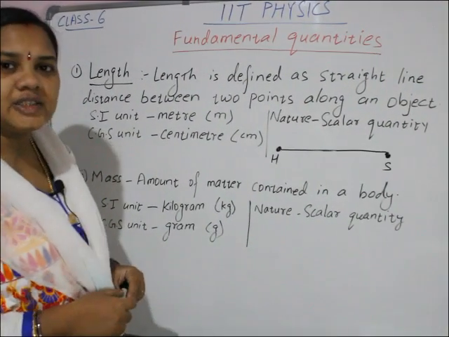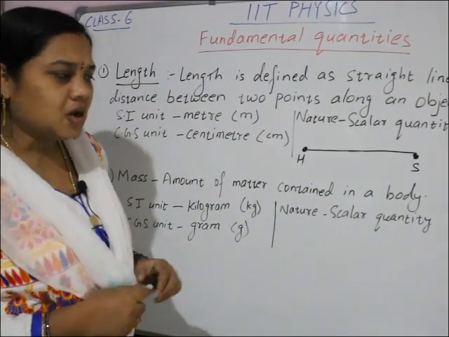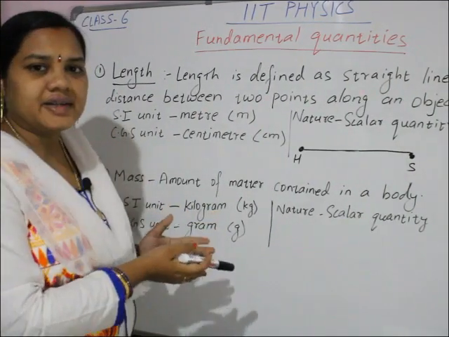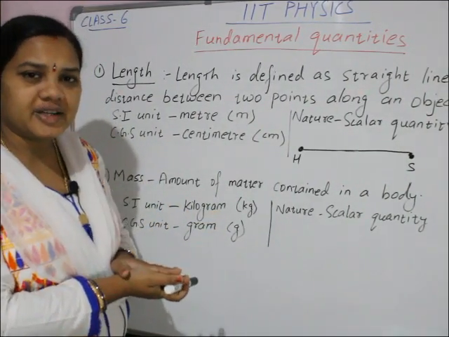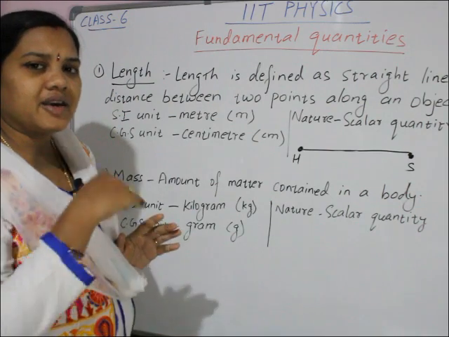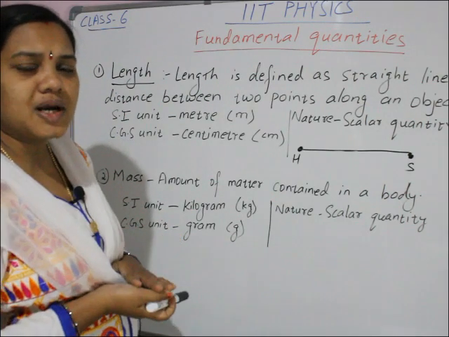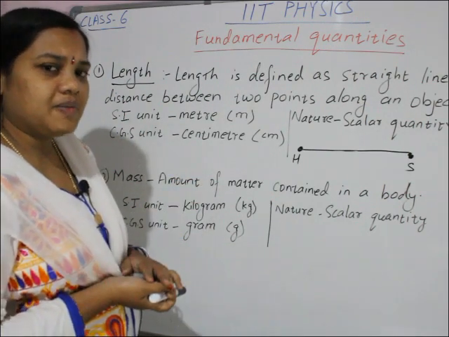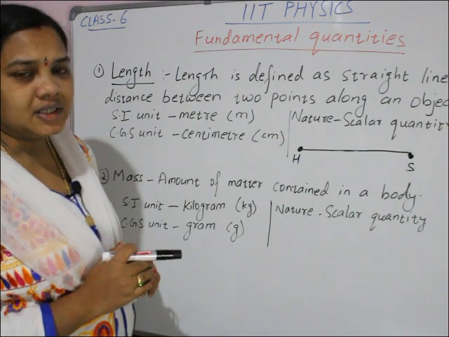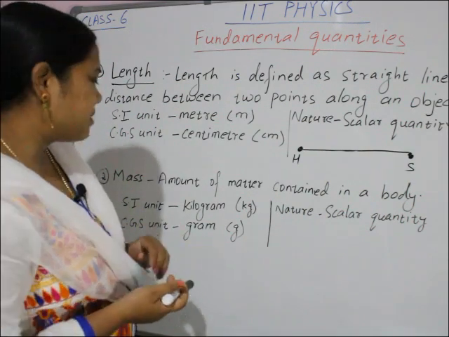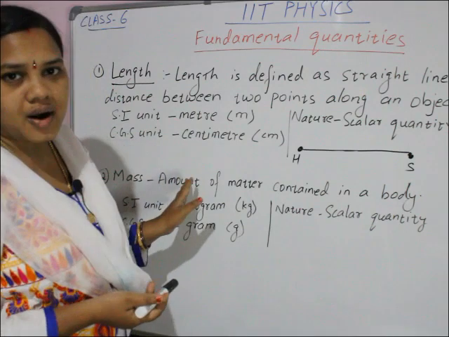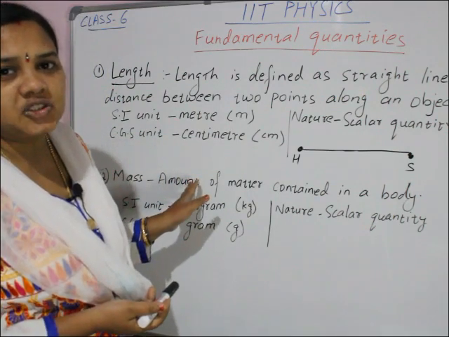It will never change from one place to another. Suppose you find its mass on the surface of earth, it will be the same on the surface of moon also. So that is a constant quantity. Mass never changes from place to place.